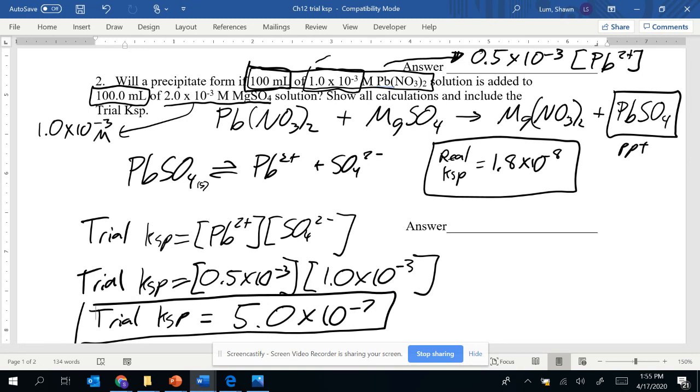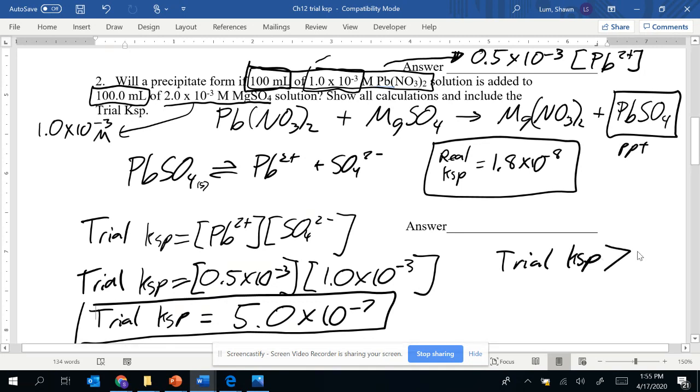But now what we have to do is compare trial KSP to real KSP. Okay, so what we see is trial KSP is greater than real KSP. So since trial KSP is greater than real KSP, that means there are too many ions in solution.